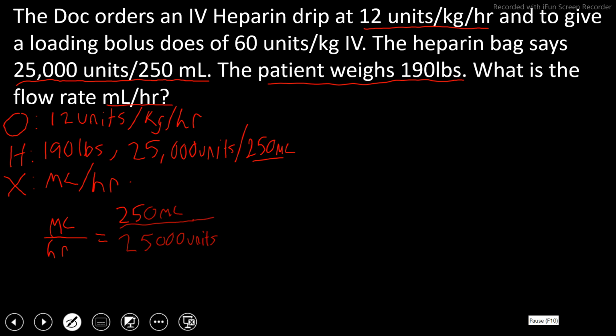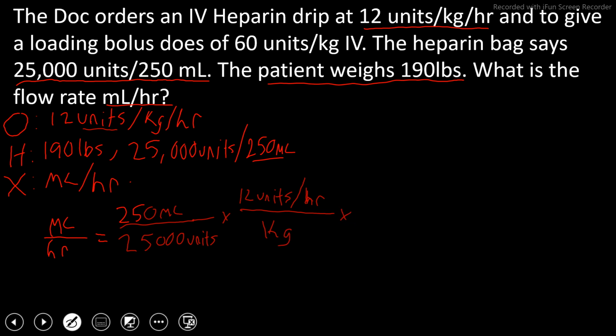Now we want to get rid of the units, so we're going to find our units up here, and it's right here. So it's times 12 units. And then you're going to put the time up here, hours, since we want to keep the hours, but we're going to want to get rid of our kg down here. So over kg.